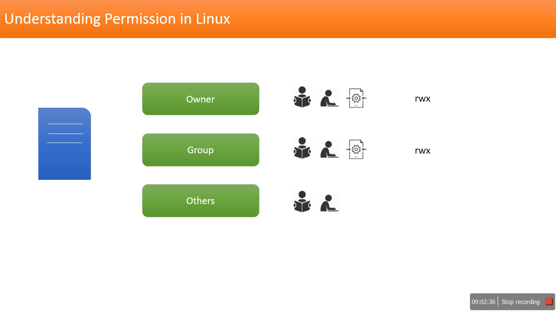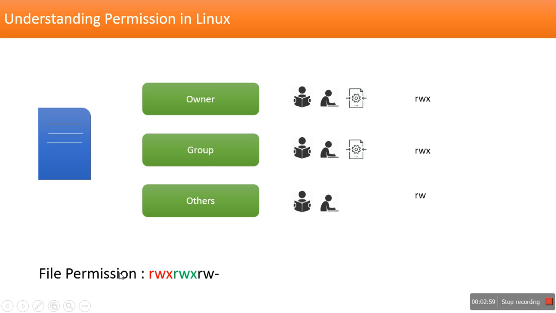But the third one has only two kinds of permission. It can read and write but cannot execute. So it will be represented as RW, and in the last place, instead of X, a hyphen will be written. So the file permission for this file will be represented as RWX, RWX, and RW hyphen.